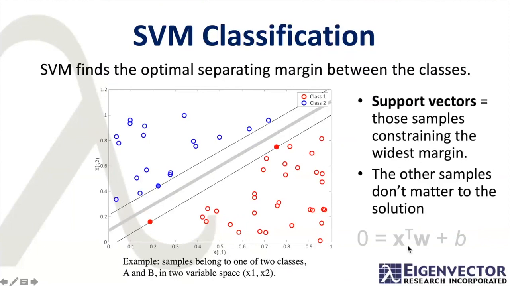In this case, often the two classes may overlap, so they're not linearly separable. And in that case, you would want to allow for the possibility of there being a sample inside that margin. So to do that, you solve the same problem of optimizing to find the widest margin, but associating a penalty with any samples that happen to fall within the margin.